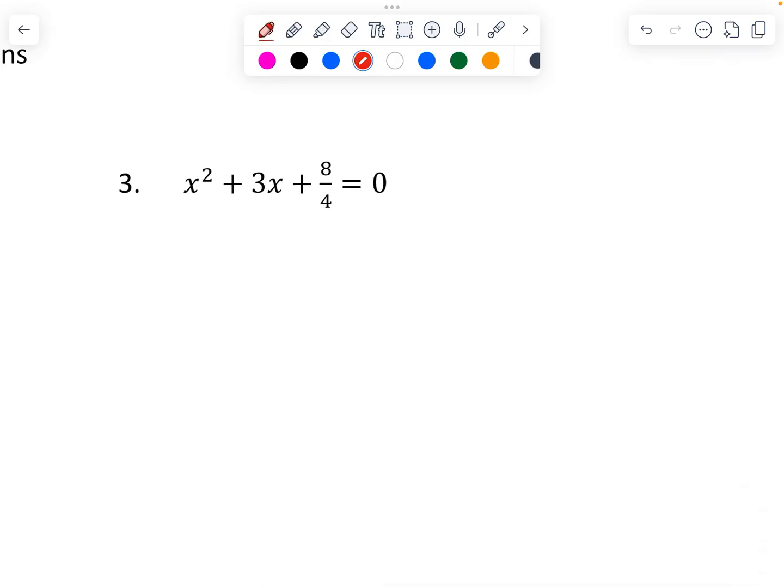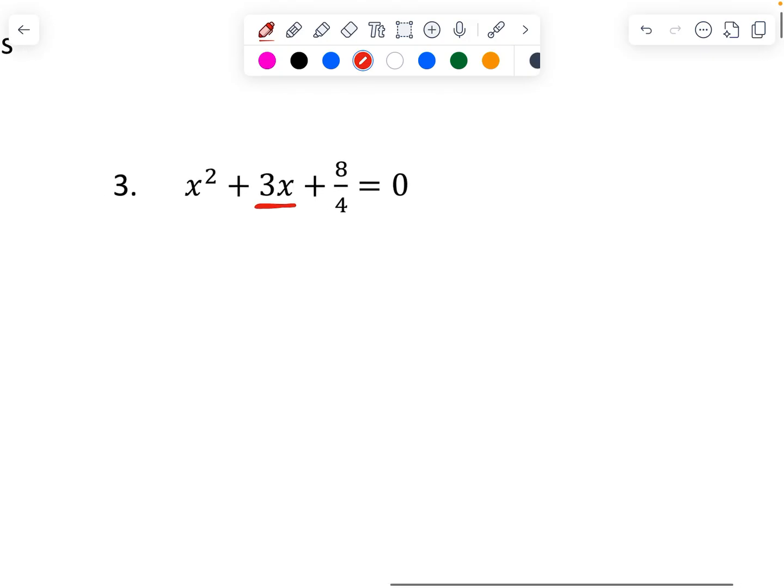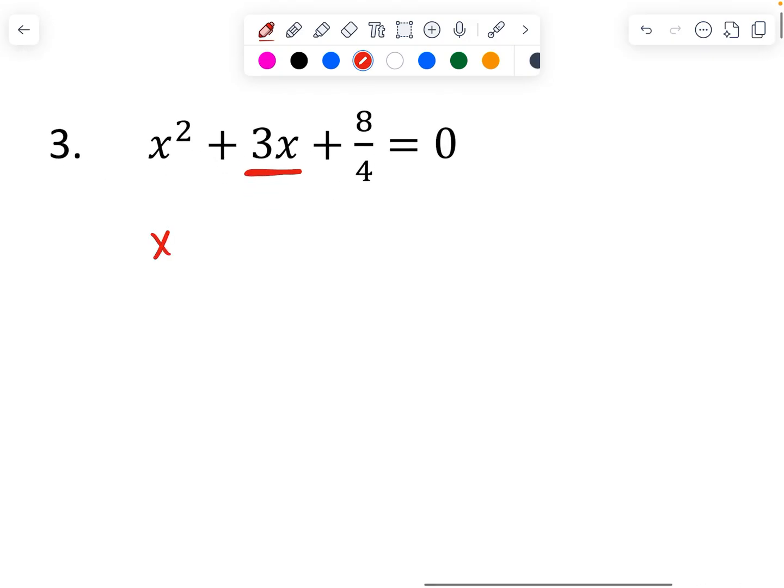All right, here we have a b value that's odd, so right away we know that this is going to be trouble. Only if you don't know fractions, but fortunately we all do. So same idea, move the 8 over 4 to the other side, which is negative 8 over 4. I recognize that that is 2, but we're going to leave it as 8 over 4 for now.